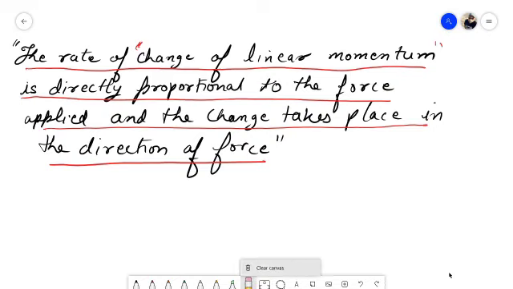Now from the statement of the second law of Newton, we can conclude that suppose there is a body of mass m, which is initially moving with initial velocity u, and some force F is applied on it.